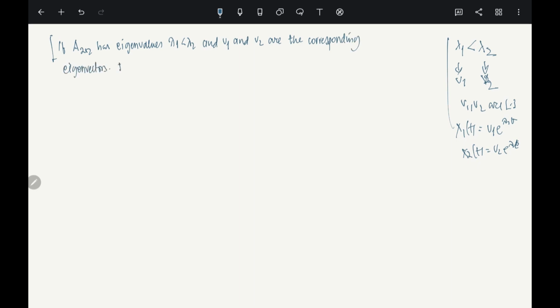Then the general solution x of t looks like c1 e power lambda 1 t v1 plus c2 e power lambda 2 t v2.